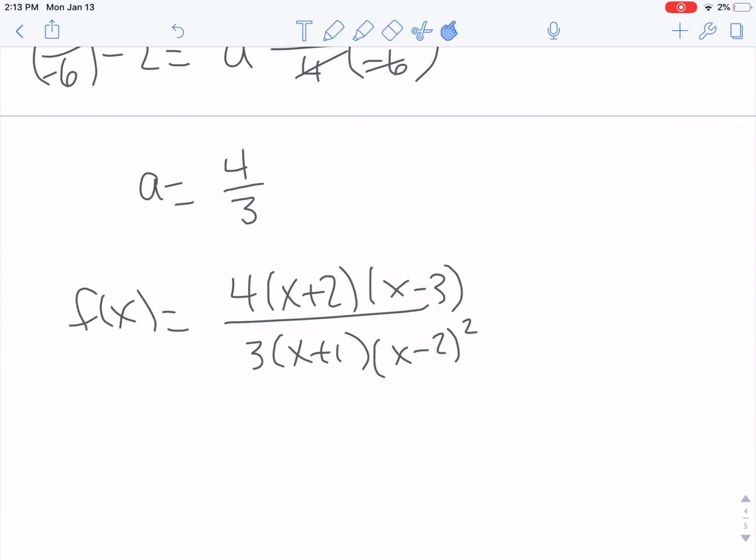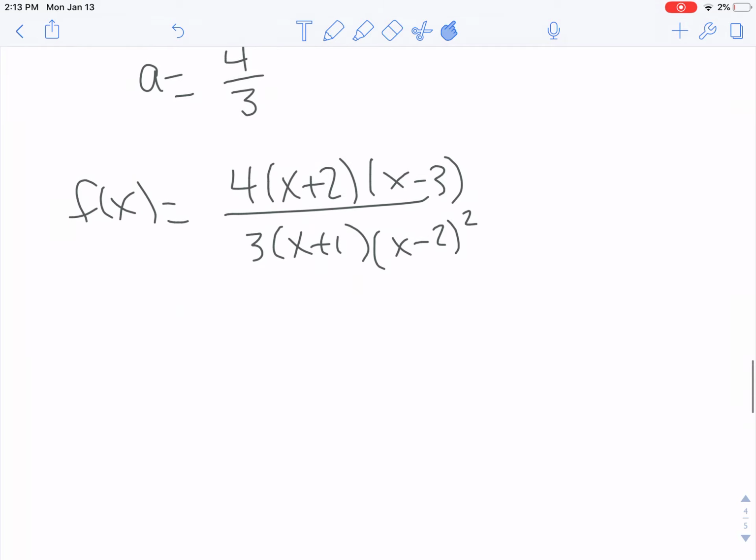So your final homework for today is page 5.6, and I'm going to leave you a couple extra graphing ones.